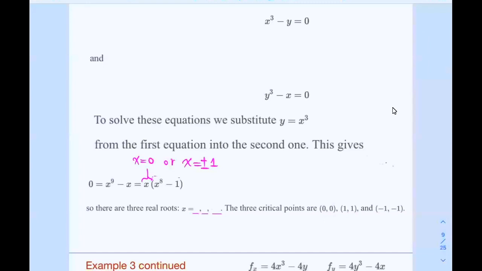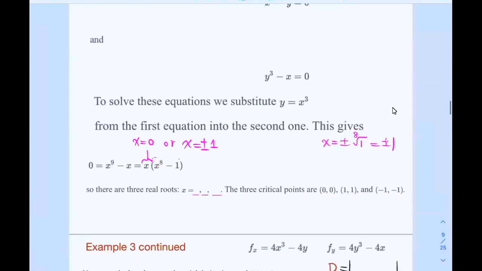When you take the 8th root of 1, you get two roots, since this is an even root, so you get plus or minus 1. So there are 3 real roots: 0 and plus or minus 1.